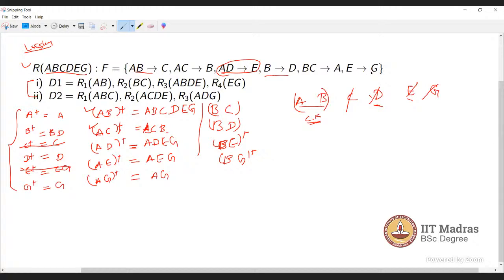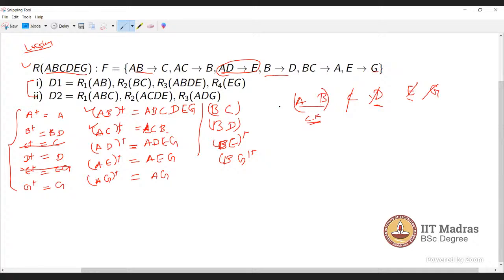Sir, AB is a super key. Then we have to check whether AB is a candidate key. If from any proper subset of AB we are getting the relation, then it is not a candidate key.